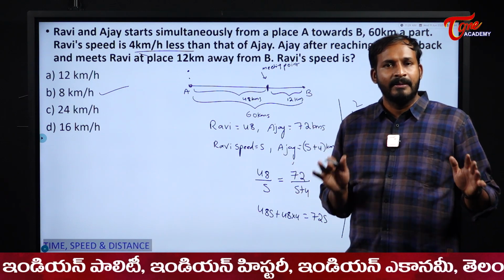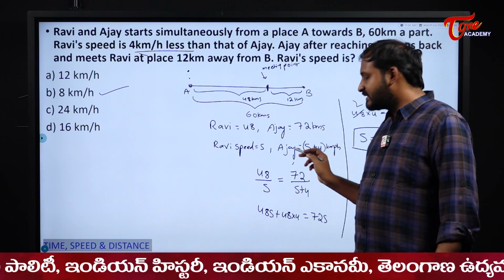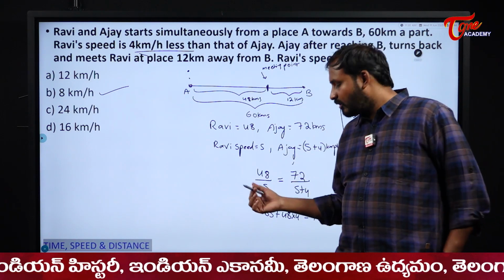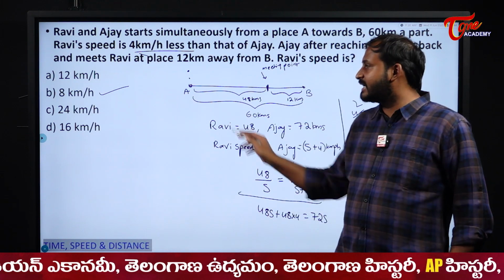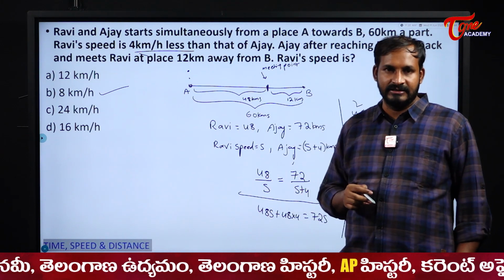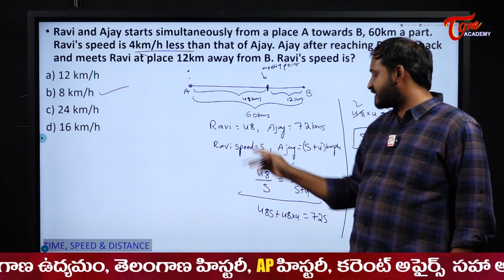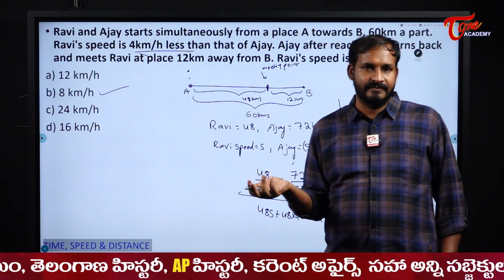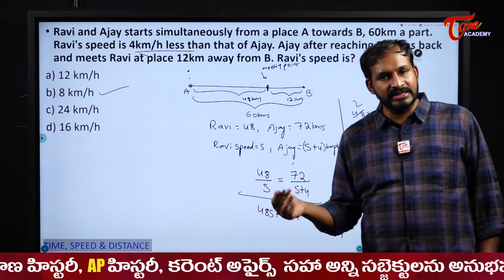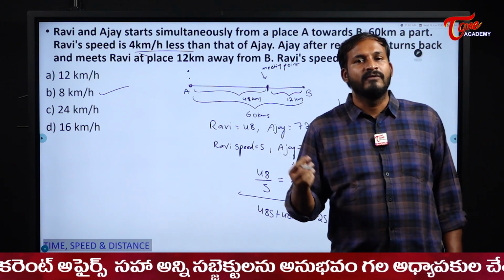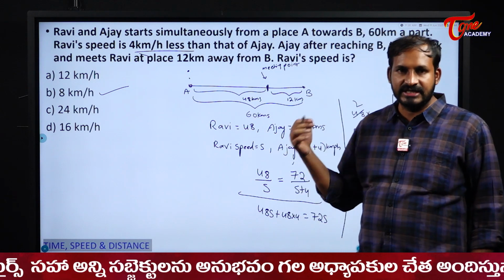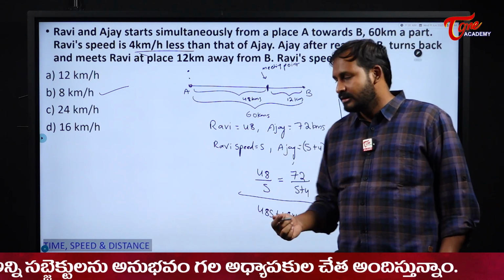But if you take it in this manner, sometimes we need to put the options. After getting this equation, to make it equal, you can put the options here directly. Whichever value satisfies the S value here, that is the answer. In some cases, we will do that. Because of that reason, I always take the value asked in the question as the constant. Okay. Next one.